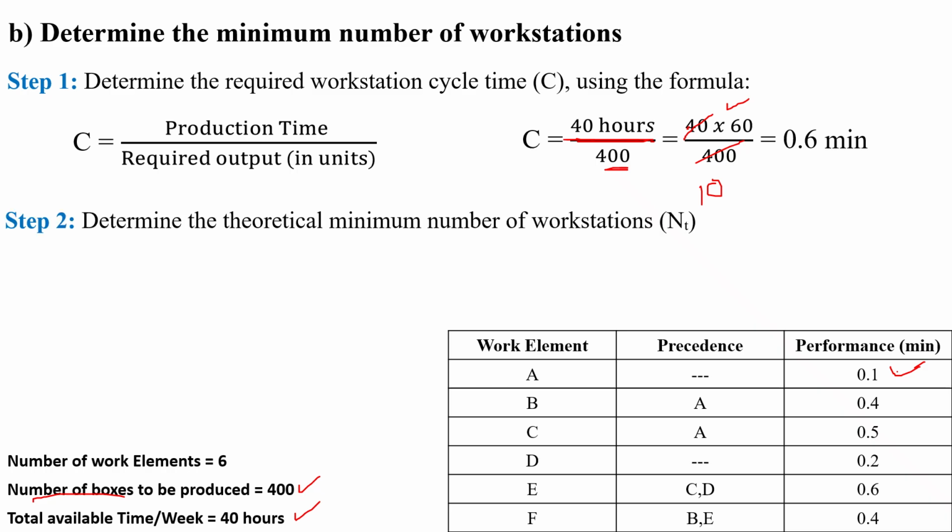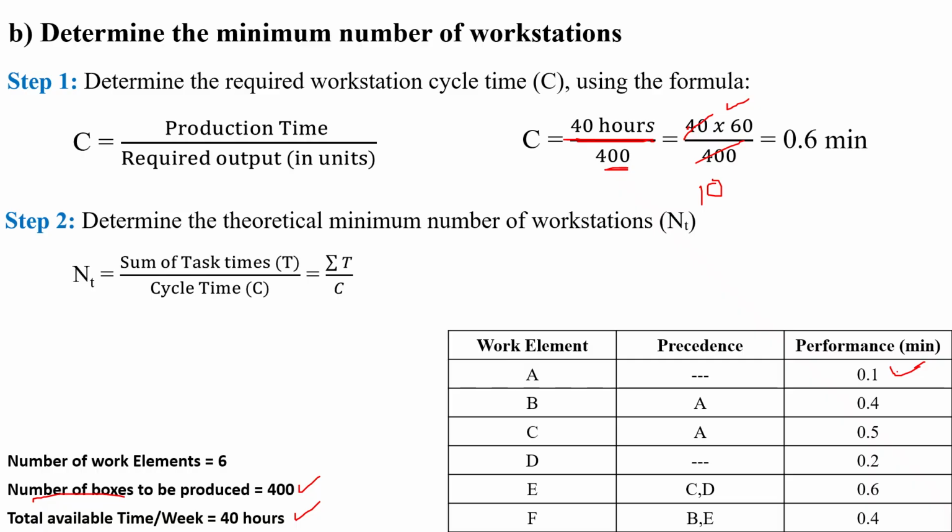So after determination of the workstation cycle time, in step 2 we have to determine the theoretical minimum number of workstations, that is NT. We know the formula: minimum number of workstations equals the sum of task times divided by cycle time. So it is the summation of task time of individual tasks divided by cycle time.